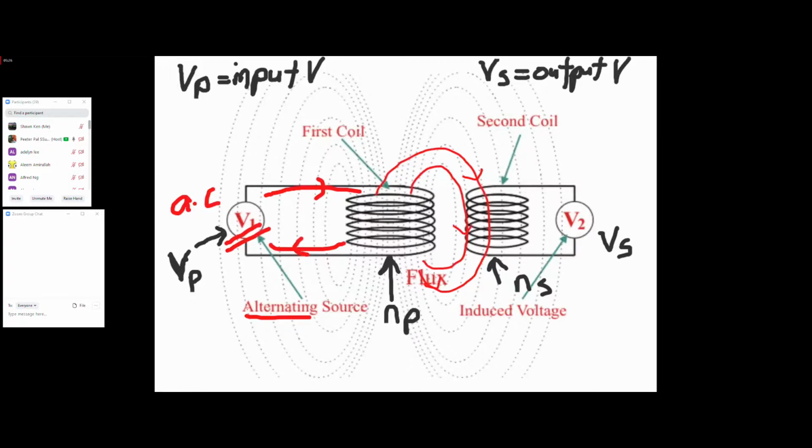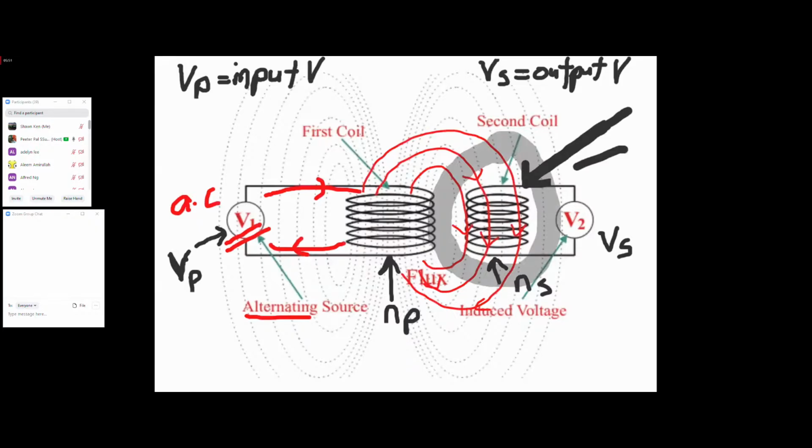The secondary coil is in the region of the primary coil's electromagnetic field.